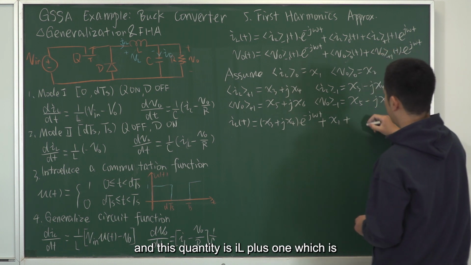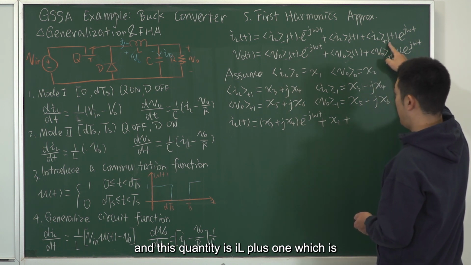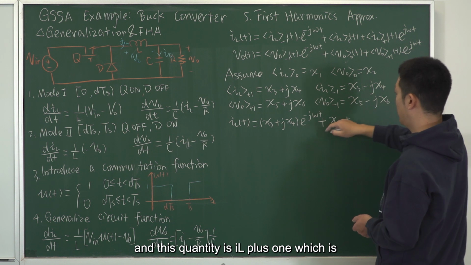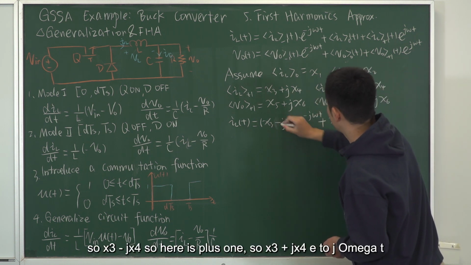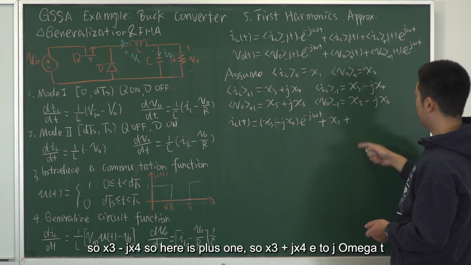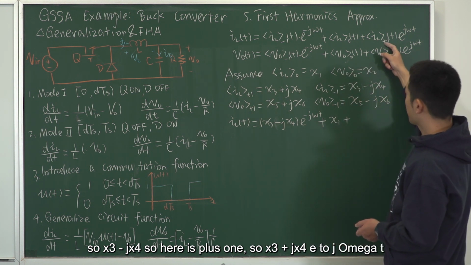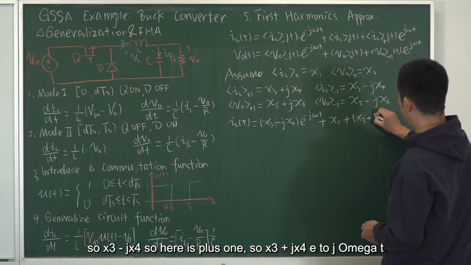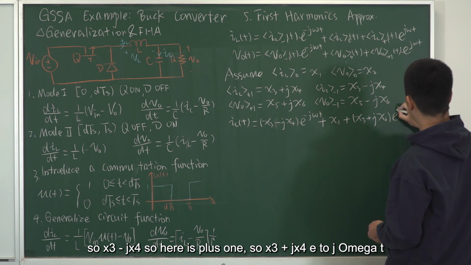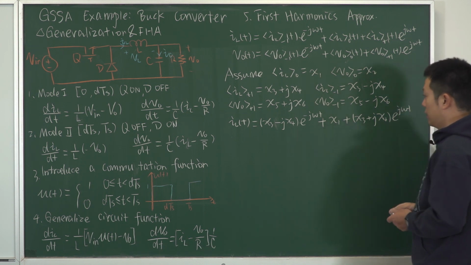And this quantity is IL plus 1, which is x3 plus jx4 times e^(j omega t).